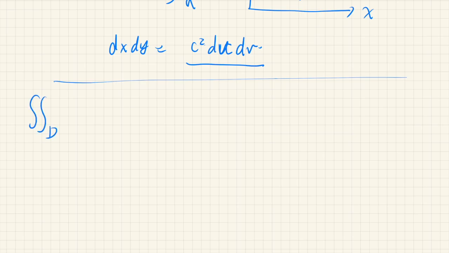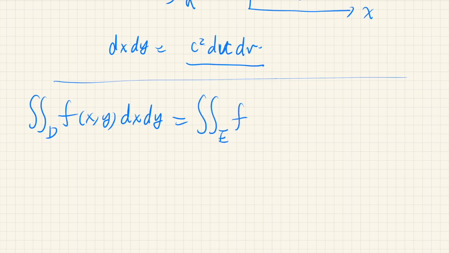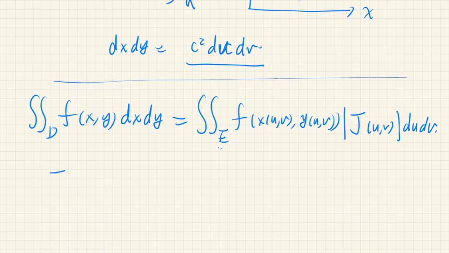In that case, we have the following: the integral over D of f(x, y) dx dy is equal to the integral over E of f(x(u, v), y(u, v)) times the absolute value of J(u, v) du dv, where J is the determinant of the Jacobian.